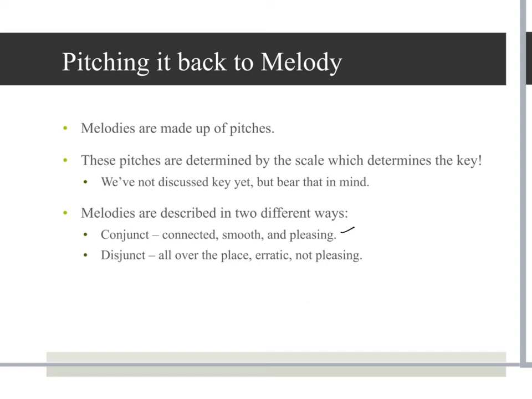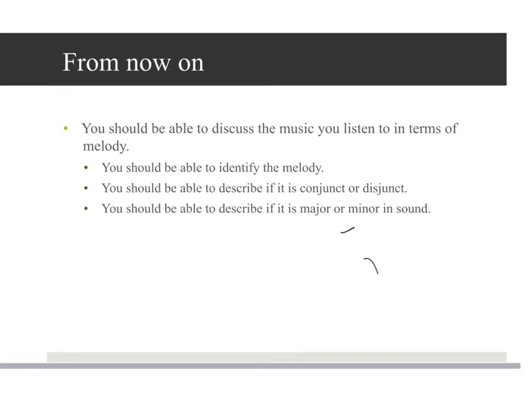And then there are disjunct pieces, like the Star Spangled Banner is all over the place. It's a very disjunct song. So if composers want a song to be very approachable, very easy on the ears, very likable, they'll stick with a conjunct melody. If they want it to be emotionally intense or to get a certain feeling of excitement in it, it'll be very disjunct. Okay? Those are just devices that composers use.